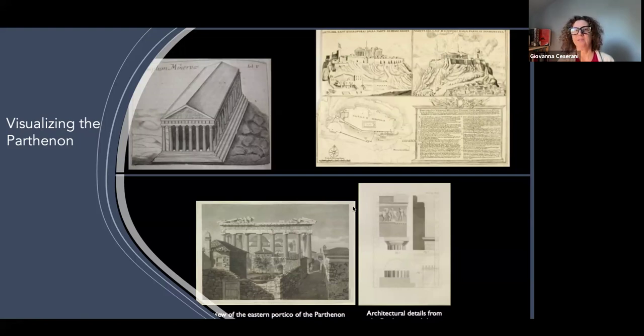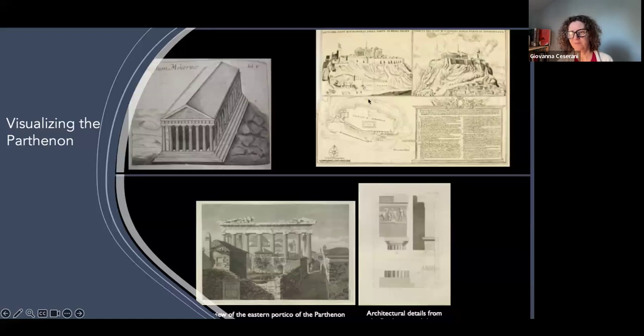Until that point, the only image of the Parthenon that widely circulated was this, the Temple of Minerva, from the late 17th century travels by Spon and Wheeler to Athens. On the one hand it is incredible because it shows the Parthenon before the bombing that destroyed it.